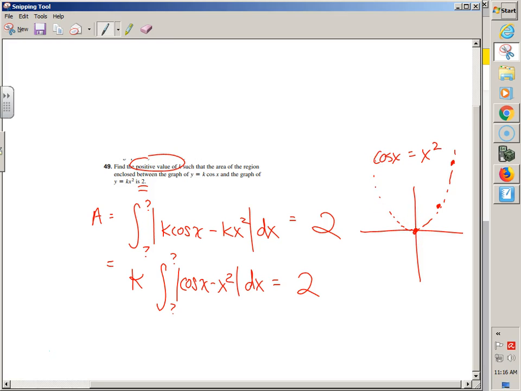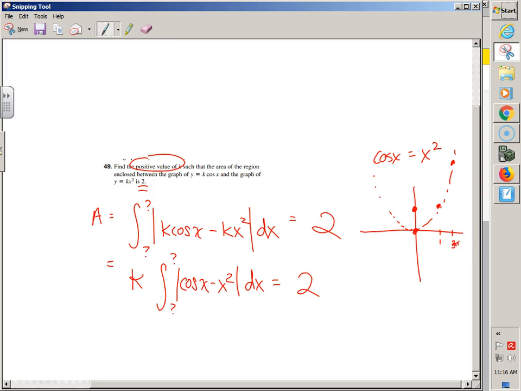We also know cosine goes through the point 0, 1, same height. And it doesn't touch down until pi over 2. Hold on, this is a 1, so pi over 2 would be 1.5-ish, right?